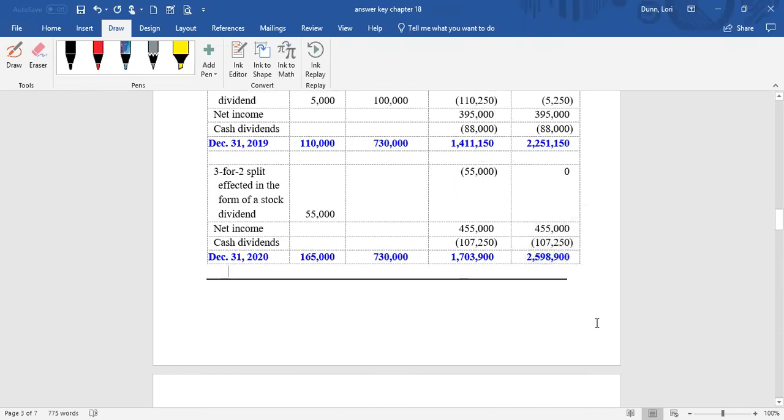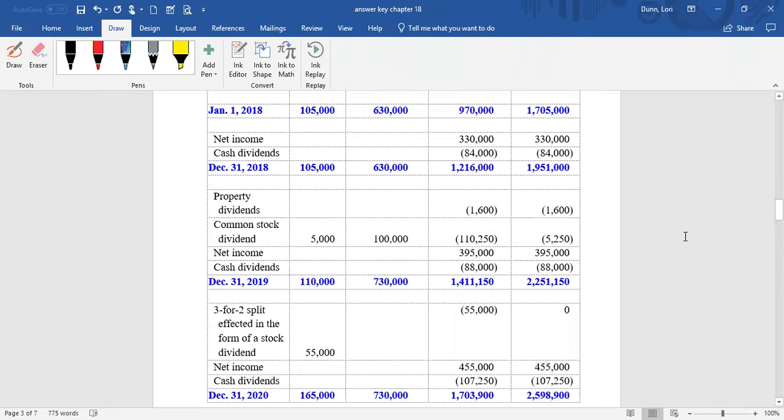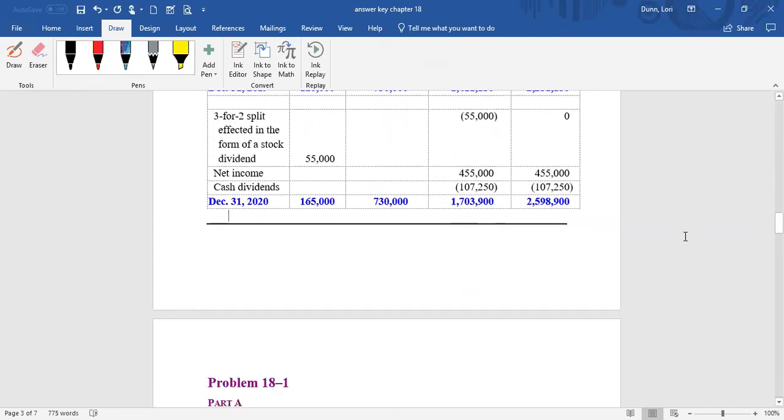So ultimately, our total stockholders' equity at the end of 3 years, $2,598,900. So that was a great problem to illustrate the different types of dividends and their overall effect on the stockholders' equity by doing a stockholders' equity statement. So please take a look at all of those. If you have any kind of questions, as required, you are to post them to the discussion board.